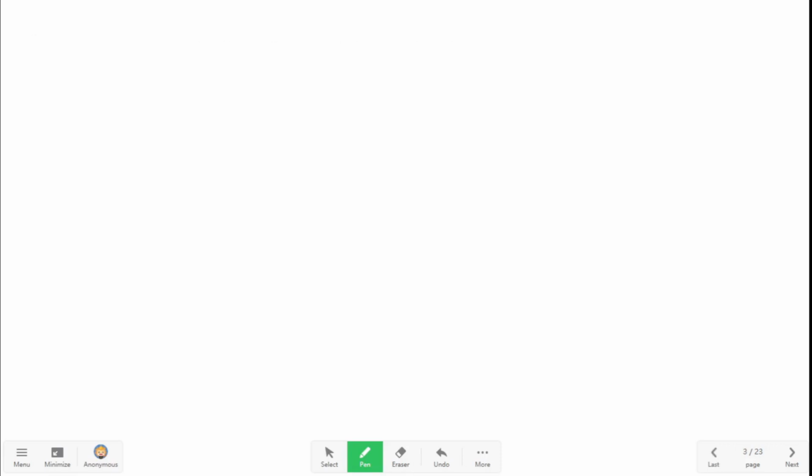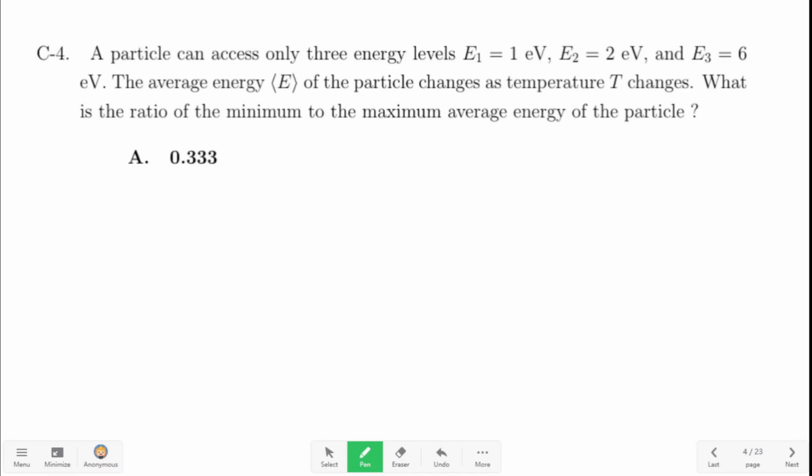Now let's solve another question, which is also from JEST 2022. Here we are asked to find the ratio of minimum to maximum average energy of the particle. We are given a particle which can access three states, three energy levels.